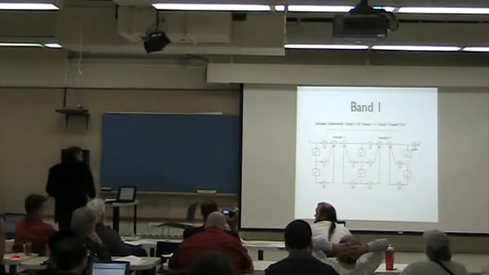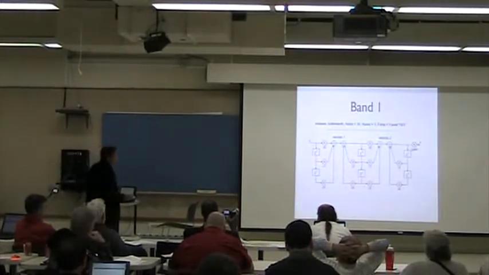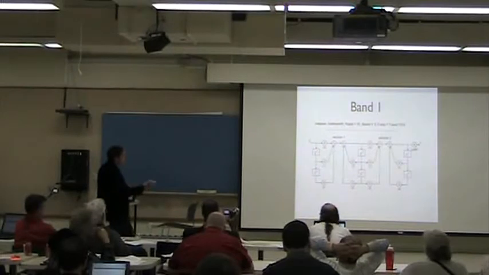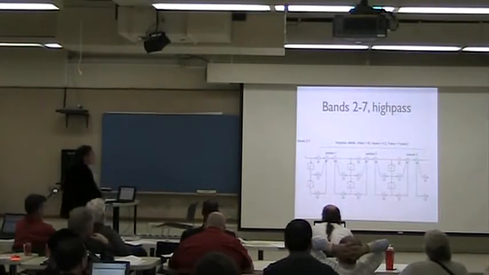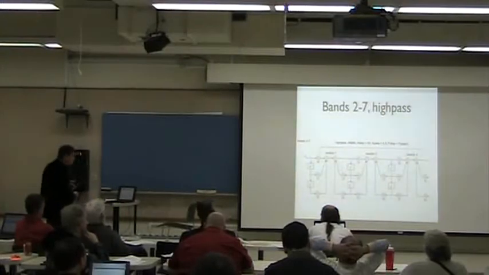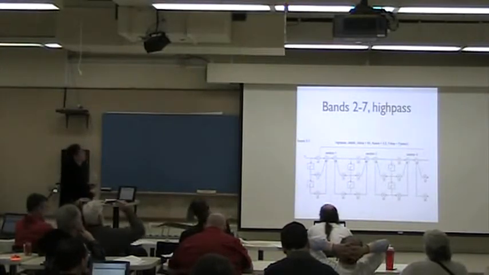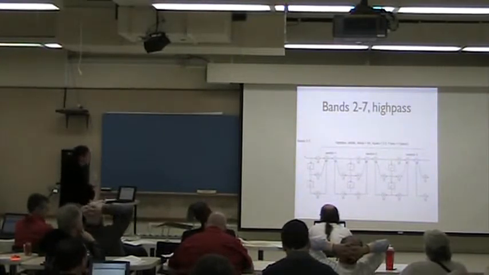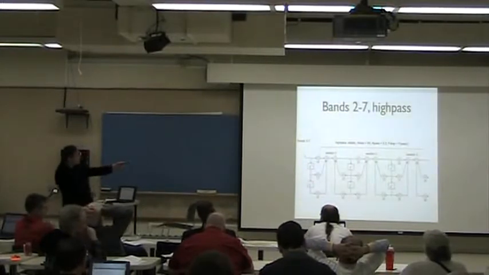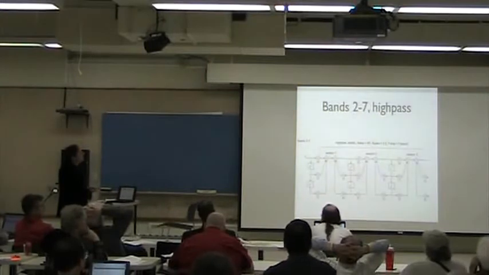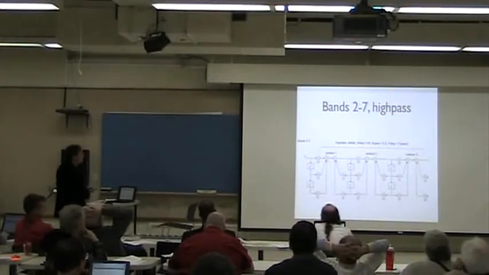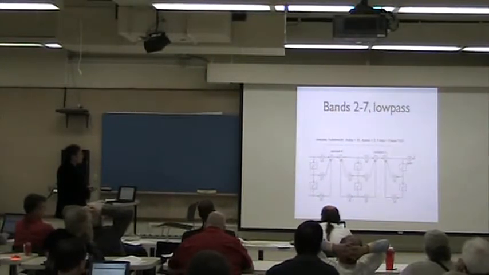And this is the signal diagram of band 1, and this is the first part of the bands, from 2 to 7. You can see that we get 3 sections for the high pass filter, and 2 sections for the low pass filter.